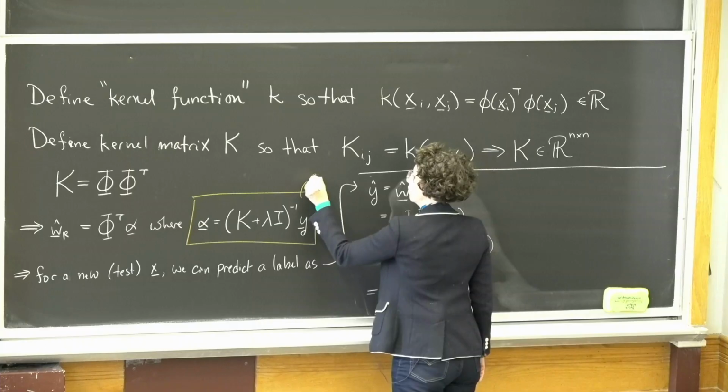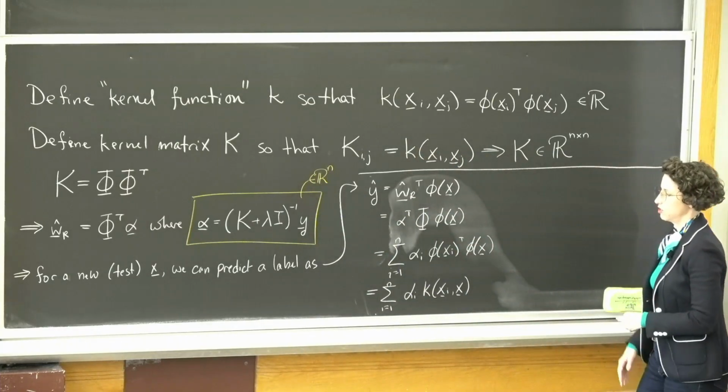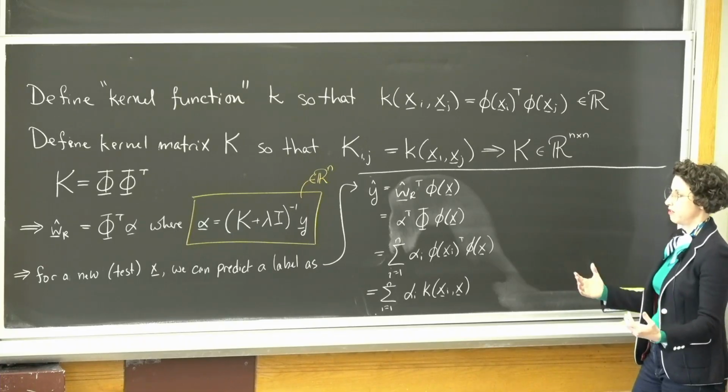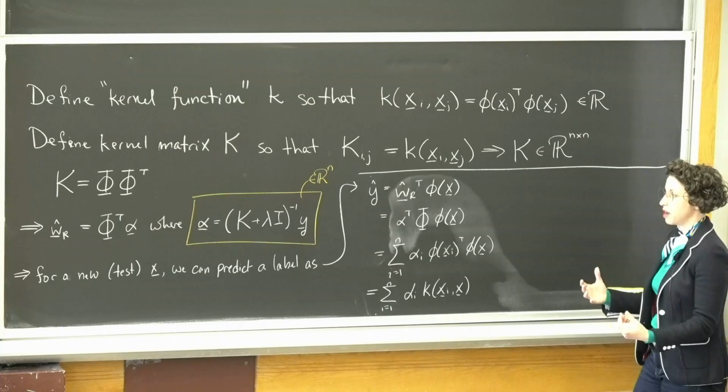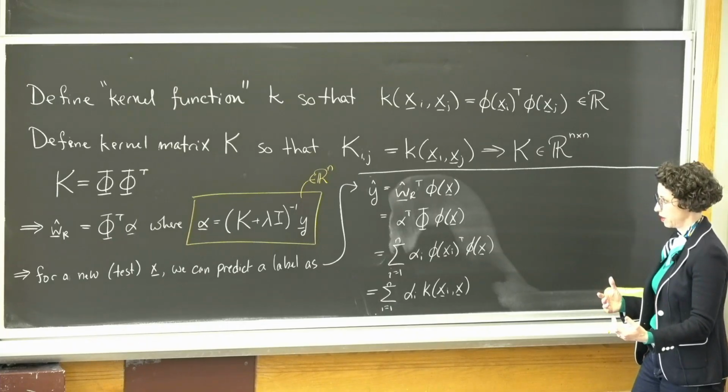And this is, again, a length n vector. This has nothing to do with dimensionality p or d. I'm just having this length n vector that's telling me how much weight I should be giving to each one of my n training samples.